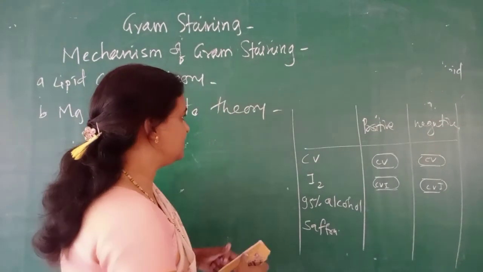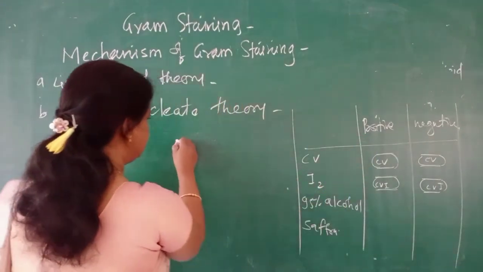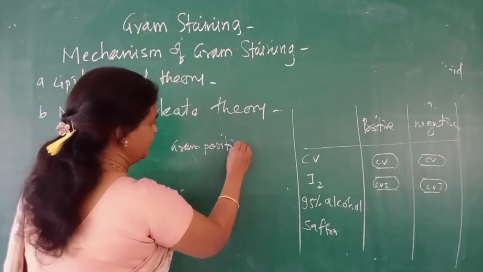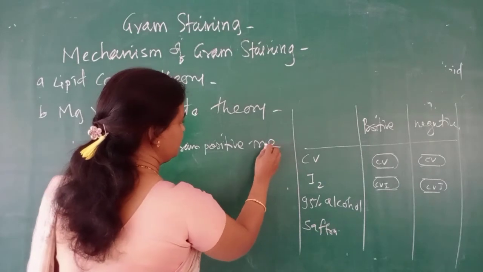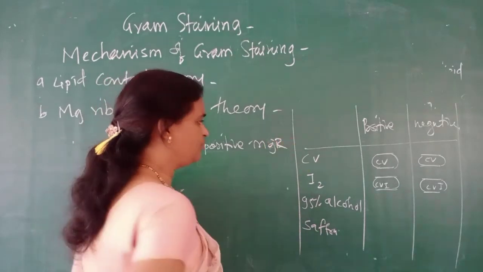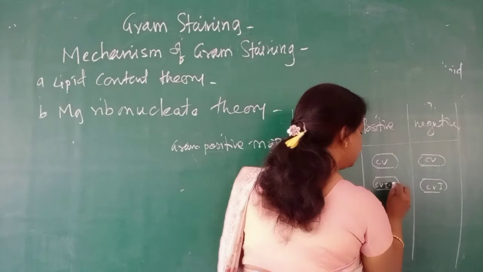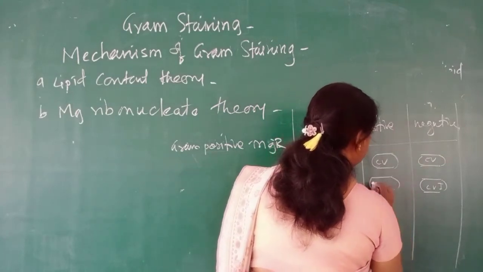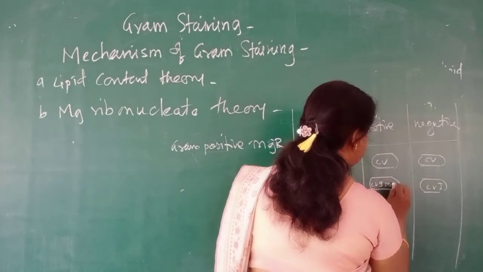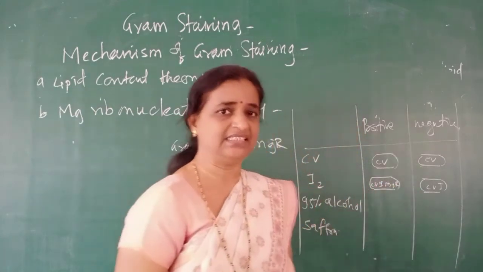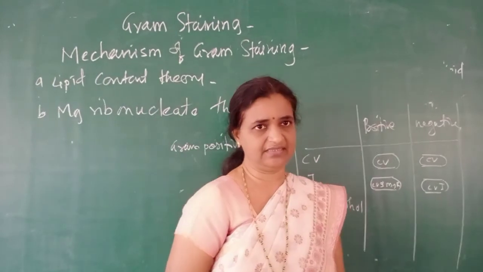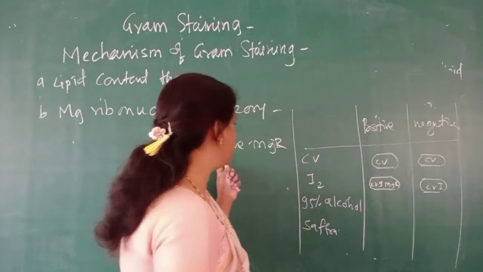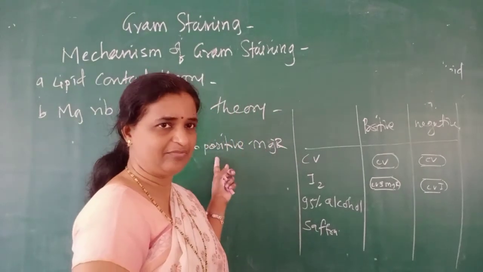Now gram positive bacteria consist of magnesium ribonucleic in their cytoplasm. This magnesium ribonucleic forms a complex with the CVI. There is formation of the CVI-MgR complex, which is larger than the CVI complex alone.